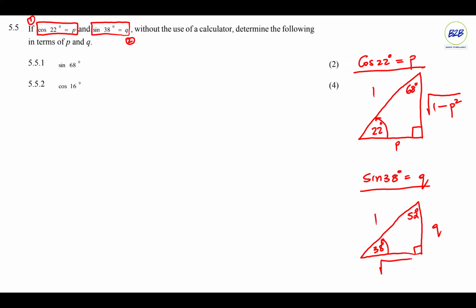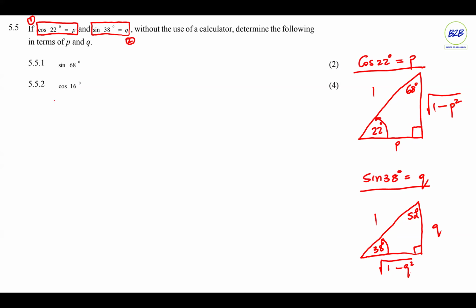The adjacent side will be root of 1 minus Q squared. I have high confidence in your ability to sketch these diagrams. Your understanding of how to get here has been sharpened up until now.